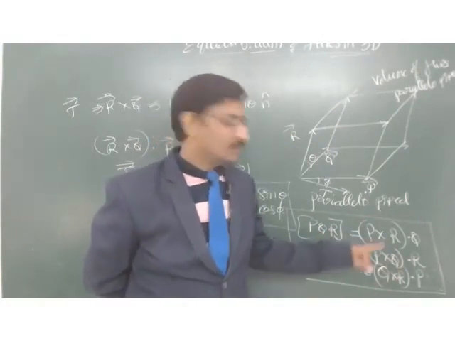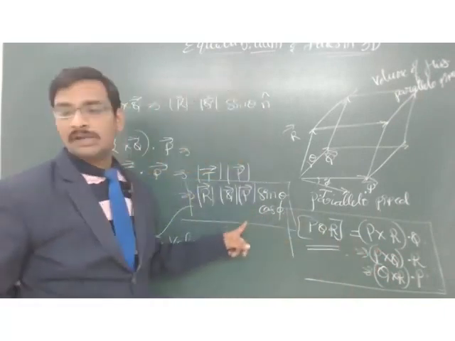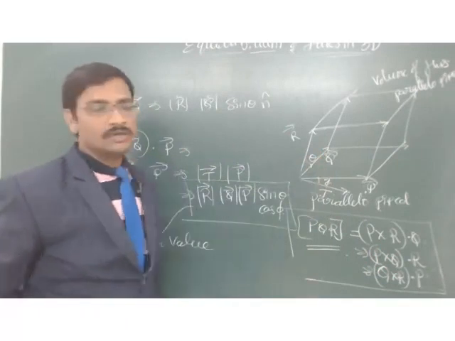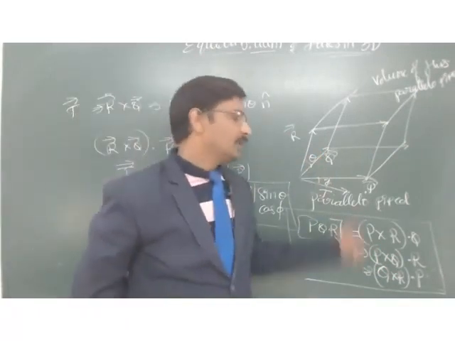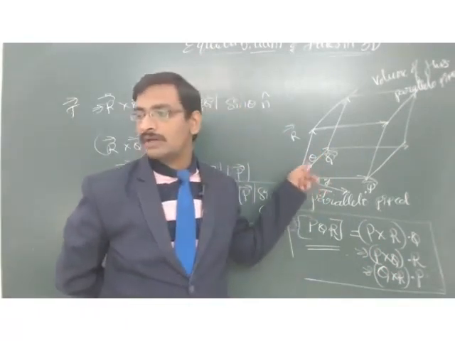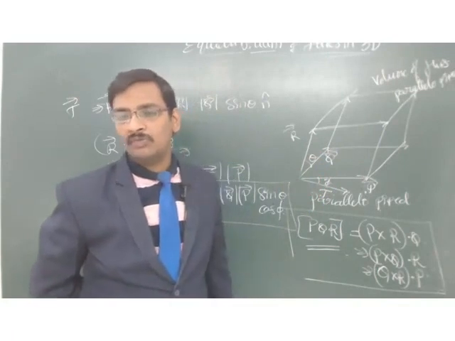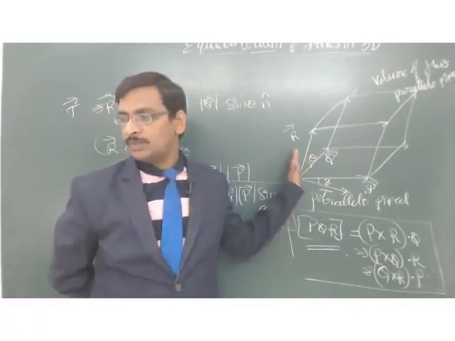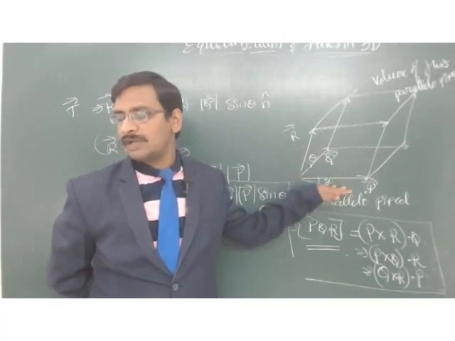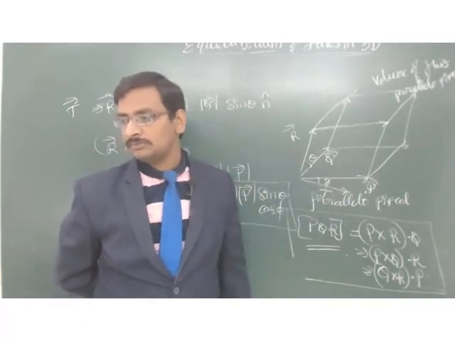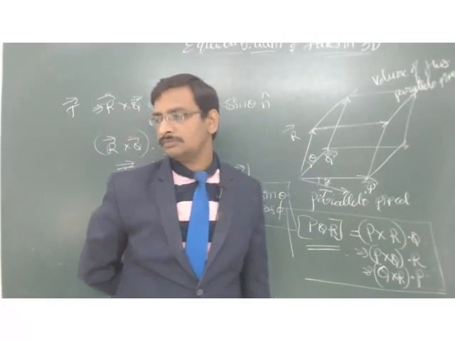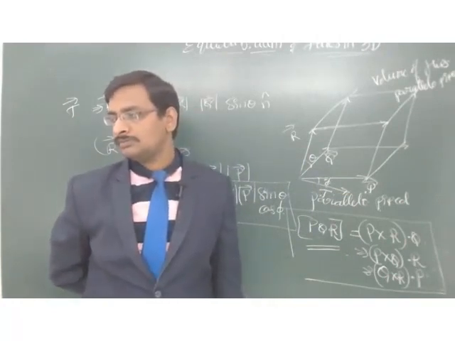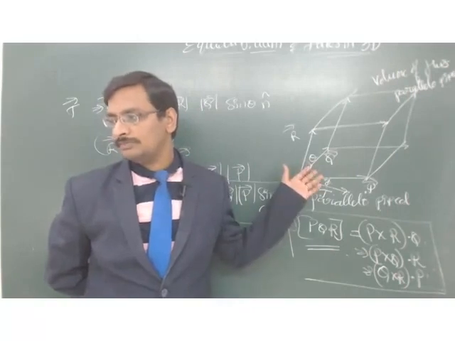And if you notice, the result is again a scalar value, which is nothing but the volume of this parallelepiped, right? Now a fundamental question: if any two of these vectors are parallel to each other, then what would be the volume? If I take this vector onto this surface itself, what will be the value?